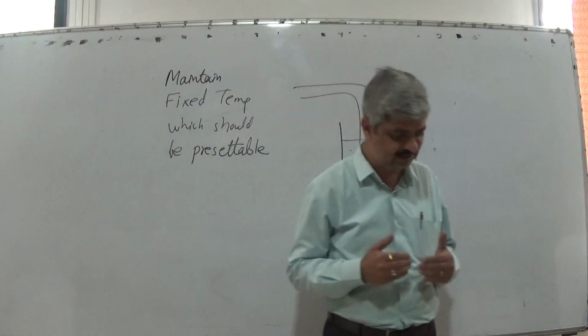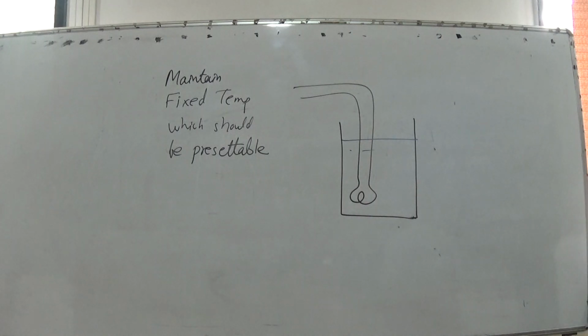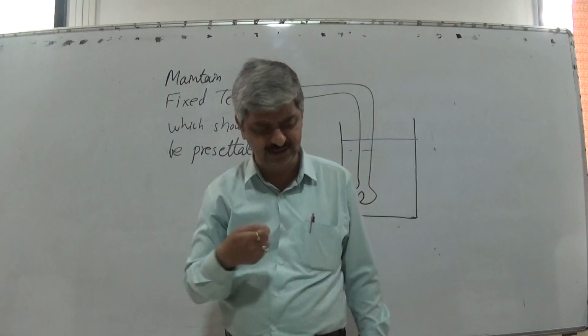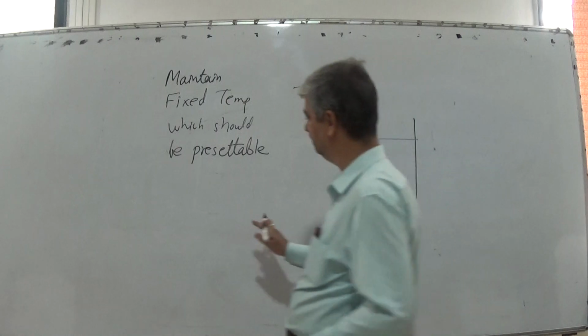So for that, what is required? Some kind of input the system should take. Then the question is whether it should take input using a pot, or using some switches. So there can be 8 switches.